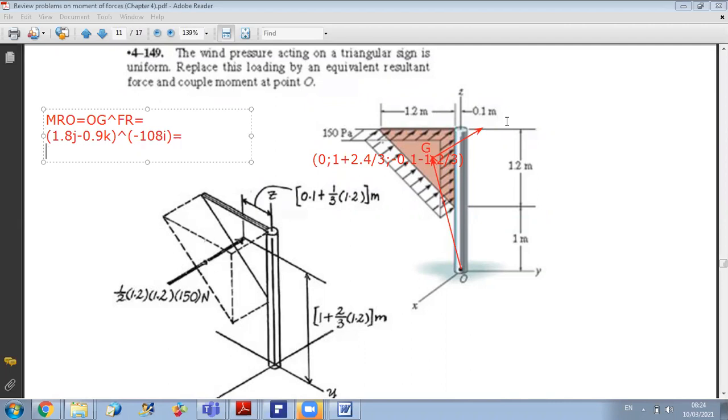I just do the expansion. I have j vectorial i. What is j vectorial i? Plus or minus? Minus. It's minus k. Okay. So I have.